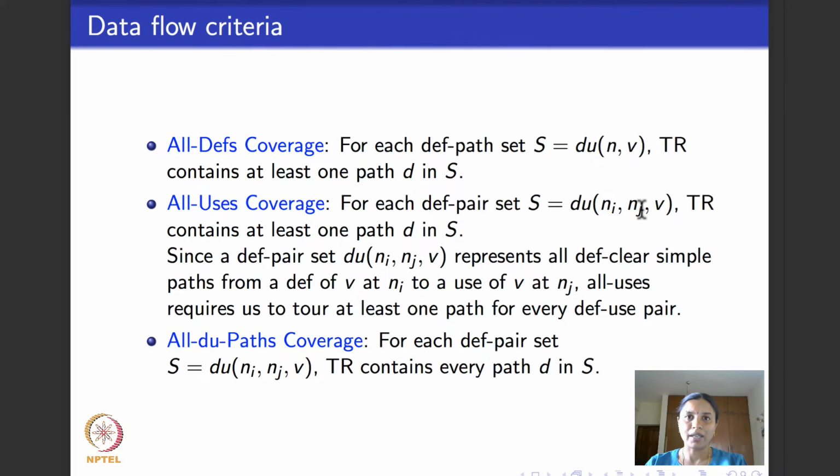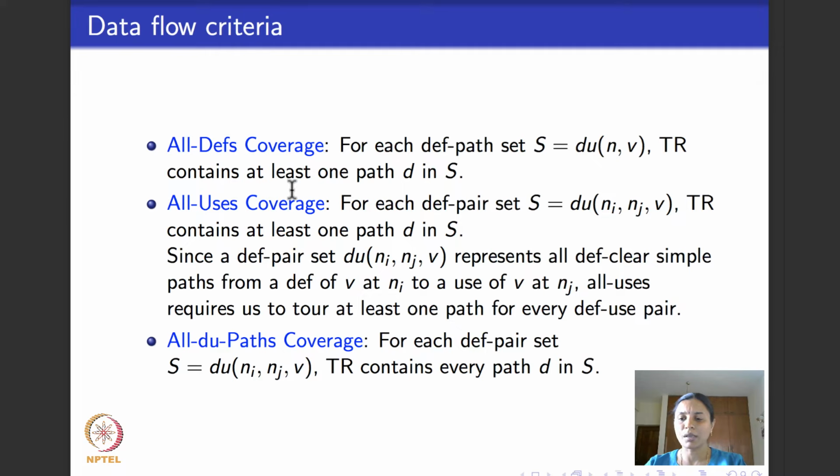Variable v is defined at ni and used at nj. And this is for every possible use of the variable v, so nj varies over different uses of v. My test requirement says you cover every possible path that takes the variable v from its definition at ni to its use at nj. The third one says all du paths coverage. It says for each def pair set S(ni, nj, v), the TR contains every path d in S.